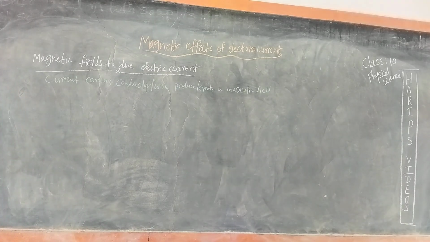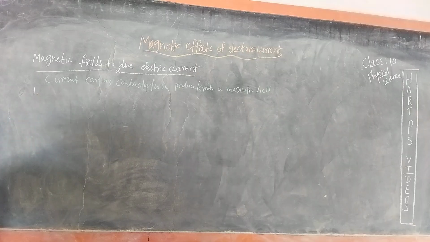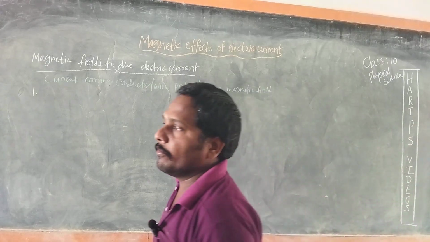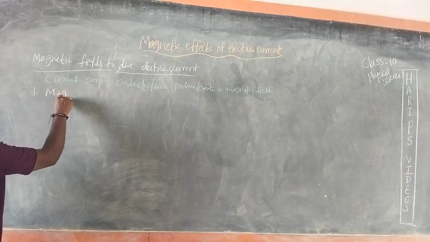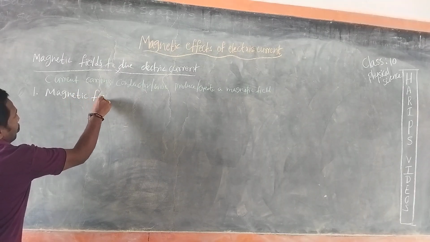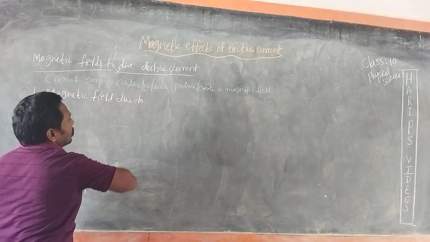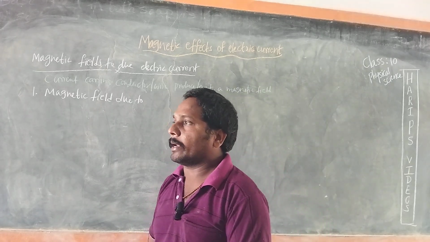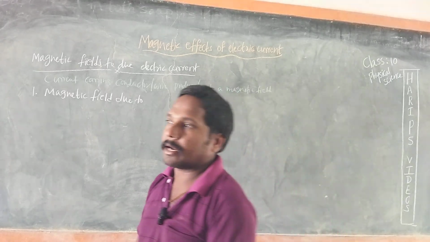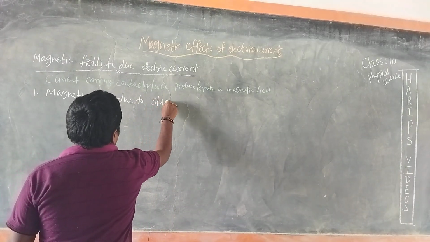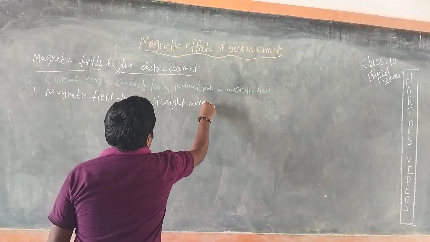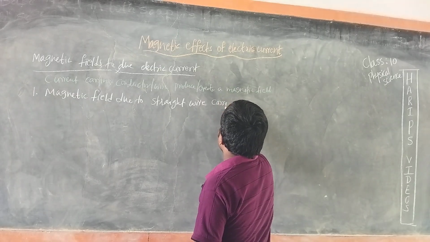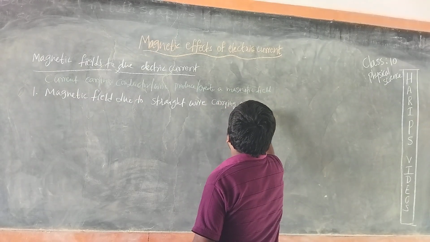So whatever we discuss, first is the magnetic field due to a straight current carrying conductor, a straight wire carrying current.